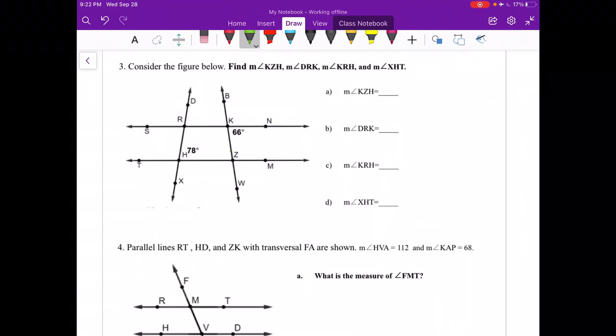Angle KZH is this angle right here. If we look closely at this angle, and we look closely at the angle that we're given, you'll notice that these two angles are alternate interior angles.